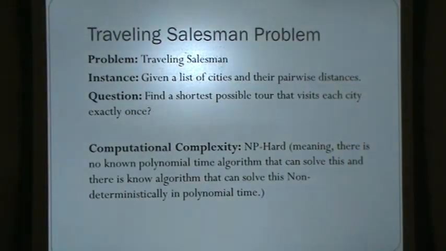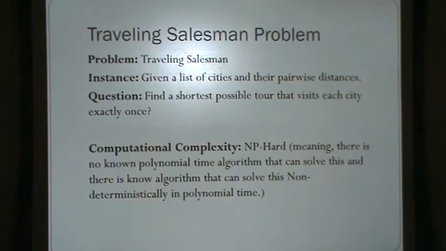So then another, probably one of the most famous NP hard problems is an algorithm where you have a bunch of vertices. All the vertices are connected to each other, and they have values on the edges, what the distances between them are.